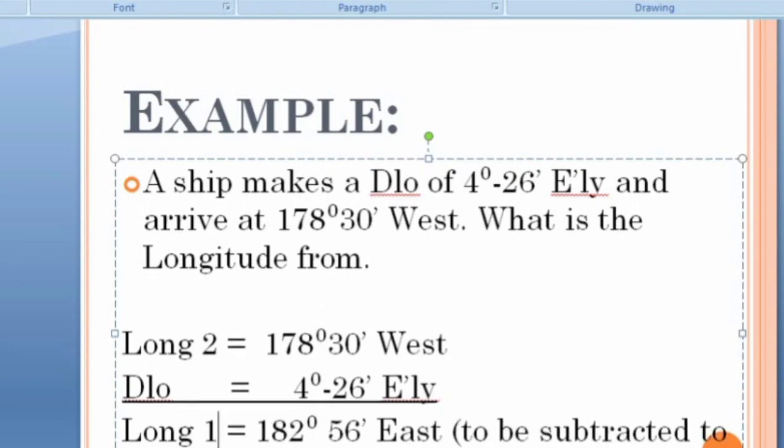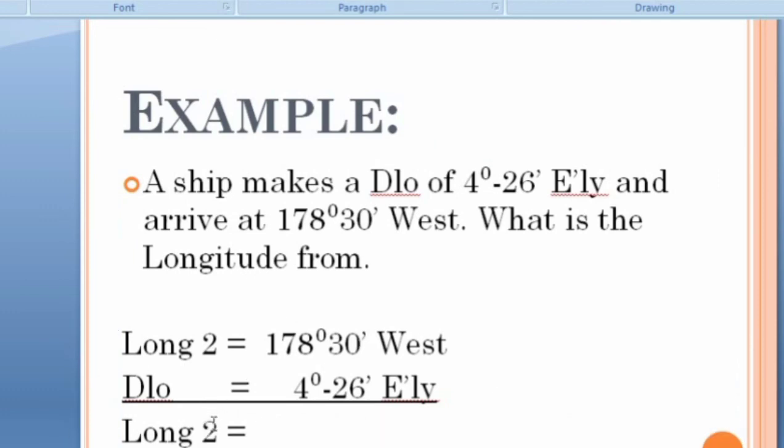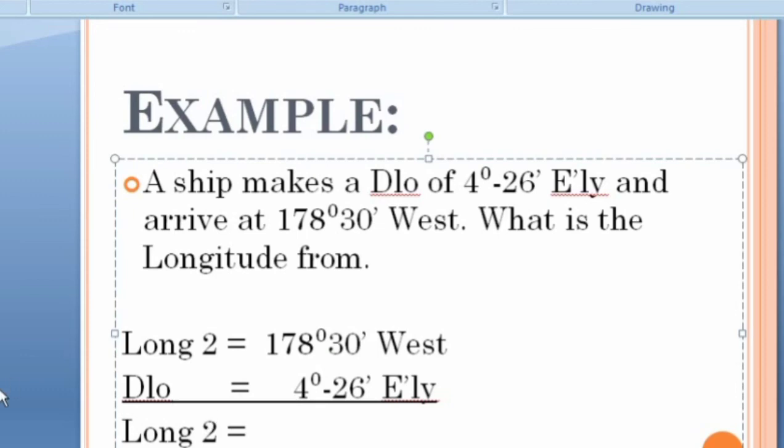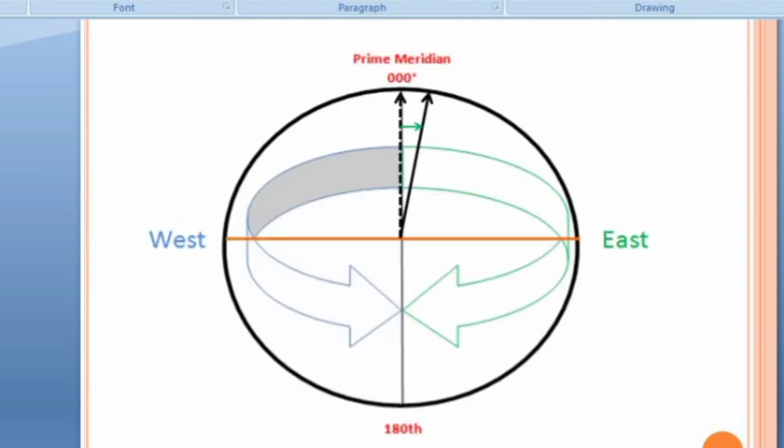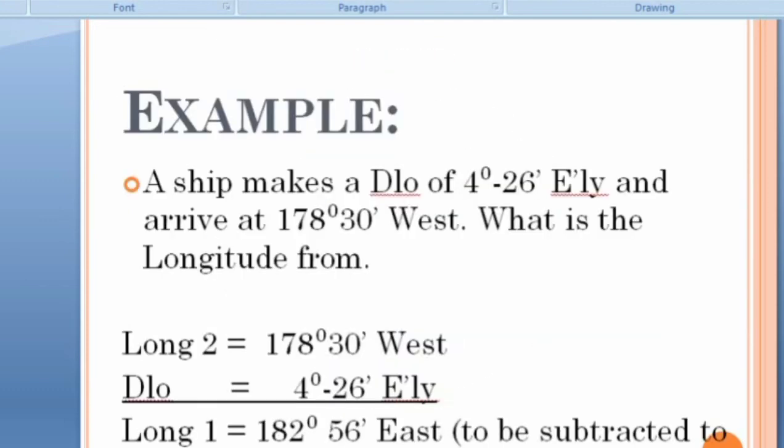This is the longitude of origin. All right, so how did we get the answer? We have 182 degrees 56 minutes by simply adding these two, and 182 degrees 56 minutes subtracted from 360 degrees.